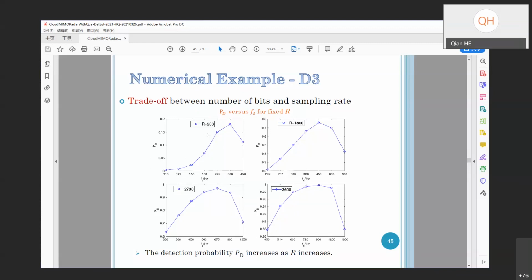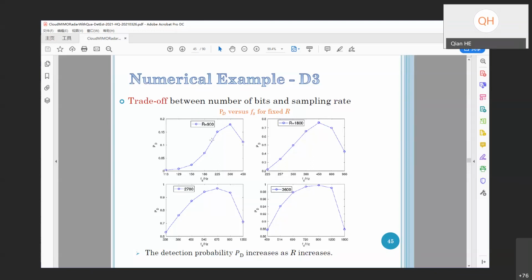But each of these figures is plotted for a fixed bit rate. You can see as long as you increase the sampling rate, the performance increases in the beginning, but later on, it drops off. So that means if you continue to increase the sampling rate, it's not always going to increase the performance. Why? Because you have a fixed bit rate, right?